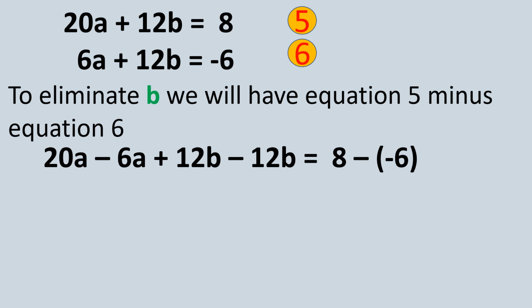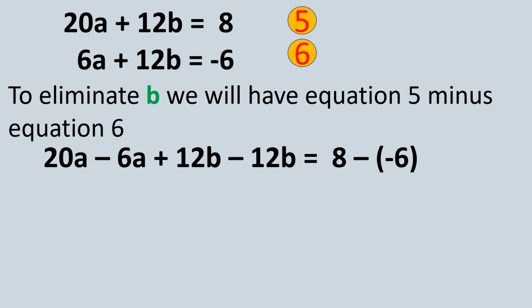Subtracting equation 5 minus 6, what we do is look at each of the components. So the a component in equation 5 is 20a. If we subtract the a component in equation 6, that is 20a minus 6a.